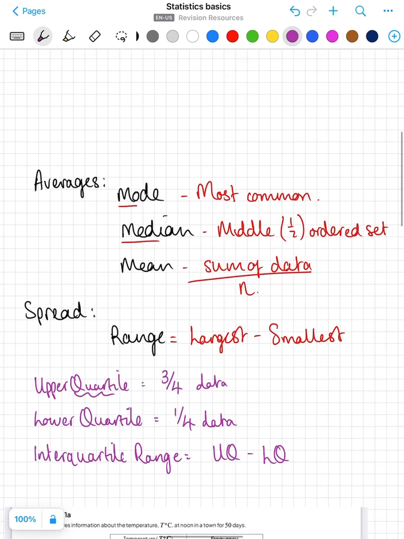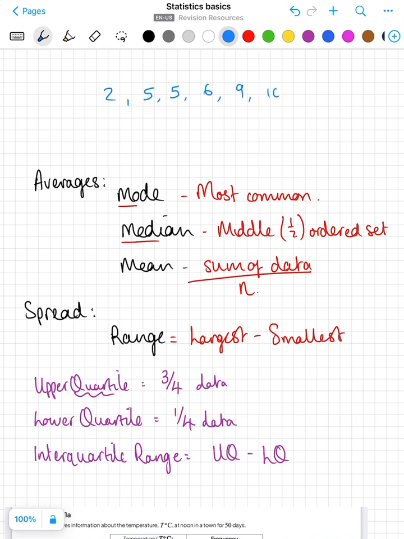So we could have an individual set of numbers, so 2, 5, 5, 6, 9, 10, 12. And let's say we want to find the mode. The data is in order, the most common is 5. The median is the middle value. Now we could do this by crossing off either side until we get to the number in the middle.